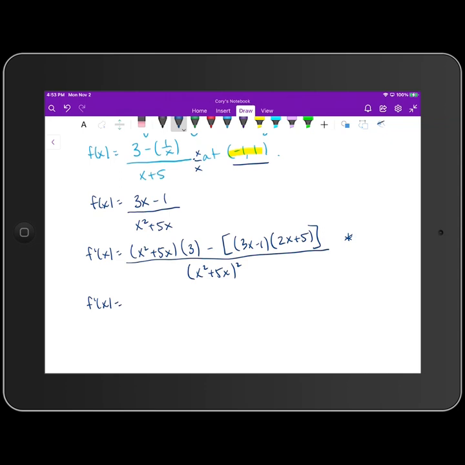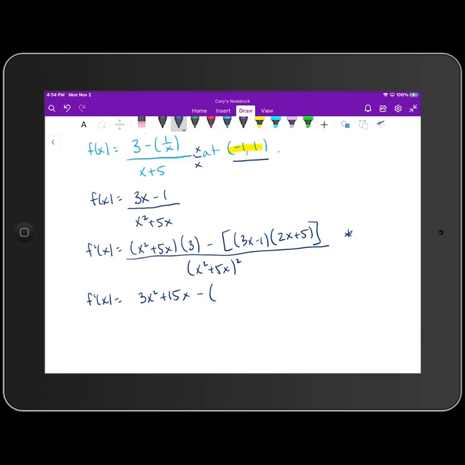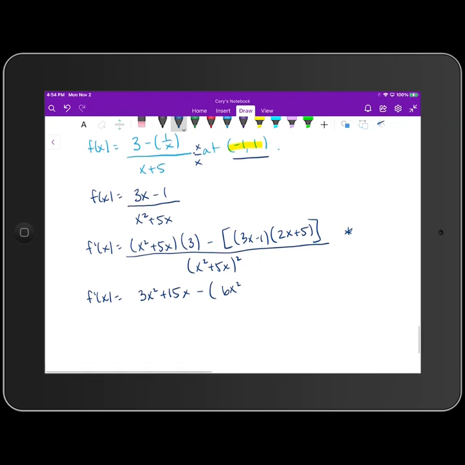So when I distribute 3 across the first two terms, we get 3x squared plus 15x minus, and then I'm going to FOIL out 3x minus 1 times 2x plus 5. 3x times 2x becomes 6x squared. 3x times 5 is 15x. -1 times 2x is -2x, so 15x minus 2x is plus 13x.